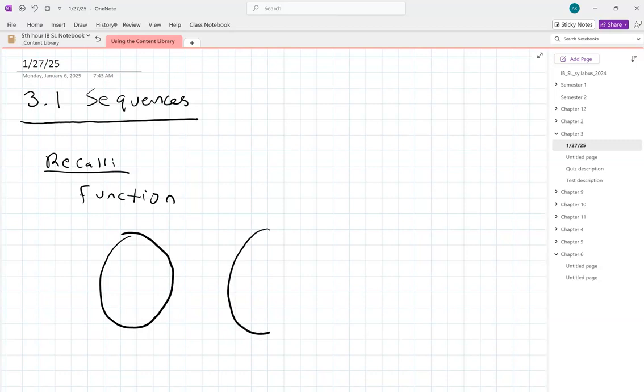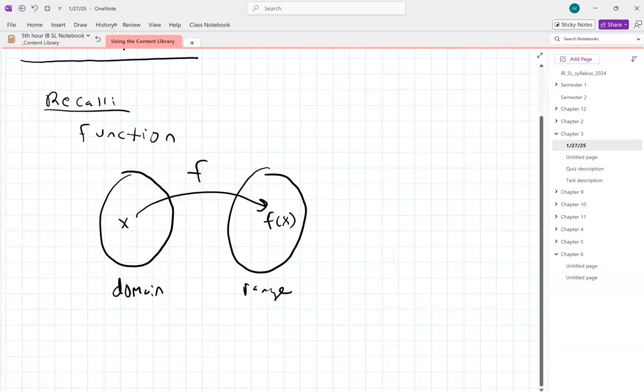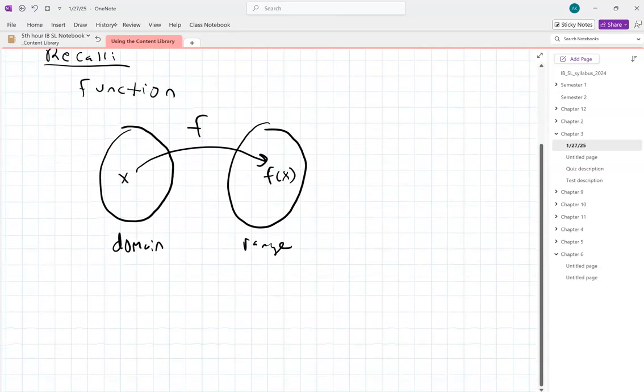A function is just some pairing from a domain to a range, where we match up some x with some f of x. And we match it up in a special way where each x only goes to one specific f of x.